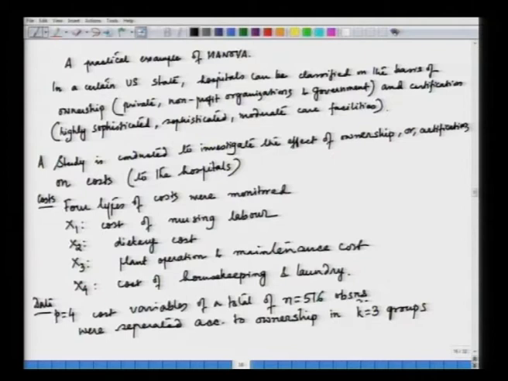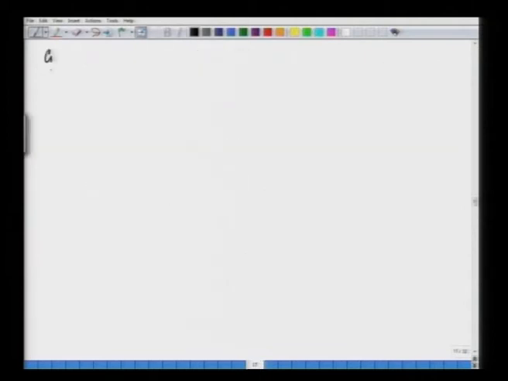Some more information is given. Under the first type of ownership, n1, I have 271 observations. Under the second, I have 138, and the third I have 107 observations, giving me n equal to 516. So, this is the number of data points from each category of ownership.